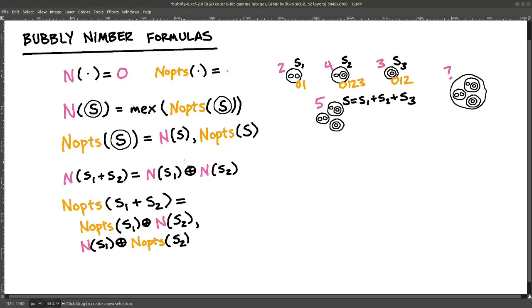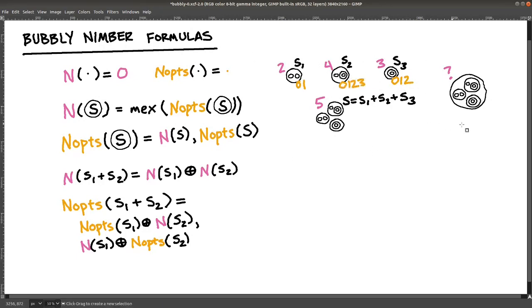So in case it wasn't obvious, the XOR function is very well behaved. It's associative, commutative, all those good things. So you can easily extend this to 3 or more bubbles, just the way you would think to do it. So we could do this all in one step, but an alternative is we could break this down into 2 smaller states, one consisting of S1 plus S2, and one consisting of just S3, and then break down the first state into 2 smaller states and apply it again.